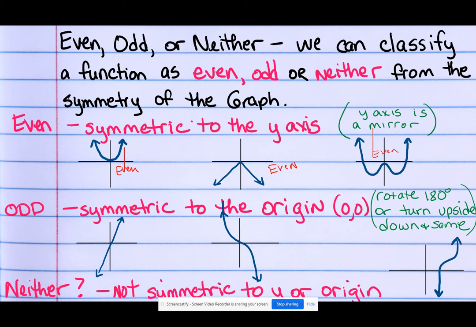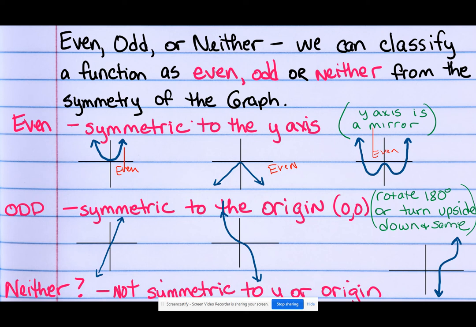Okay, and so now an odd function is symmetric to the origin. And now this one's a little tricky. It says rotate 180 degrees, or also just turn it upside down. If you turn this function upside down and it looks exactly the same and it's in the exact same location and it lands on itself, then this is symmetric to the origin and it's considered an odd function.